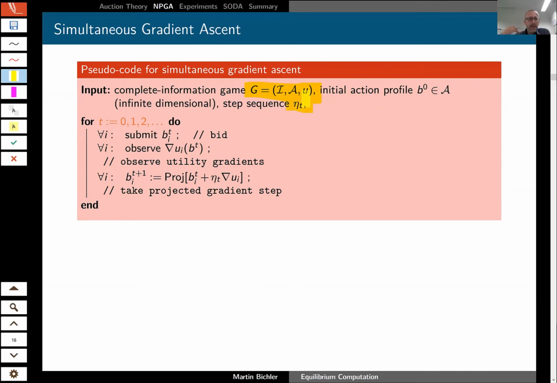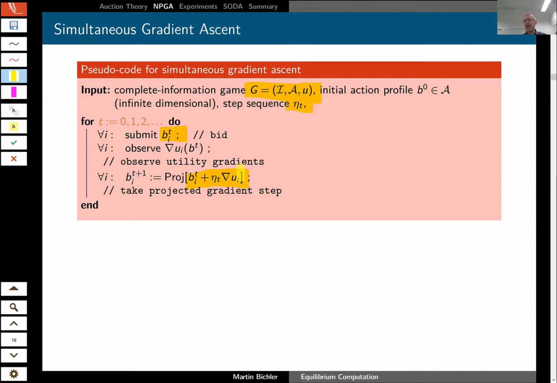In each round, bidders submit a bid, where t is the round that we are in. Then we observe the utility gradient, and I'll be talking a little later on how exactly we get the gradient of the utility. Given this utility gradient, we essentially just take a step in the direction of the utility gradient. So it's nothing else than gradient ascent that is being implemented here.